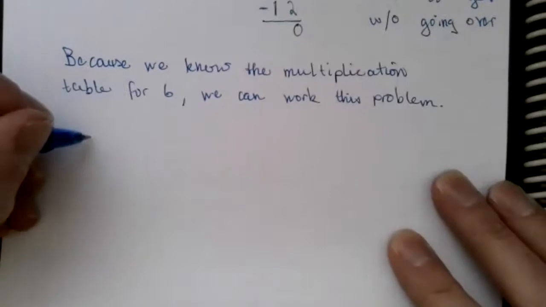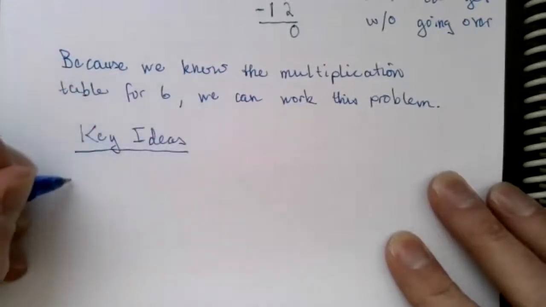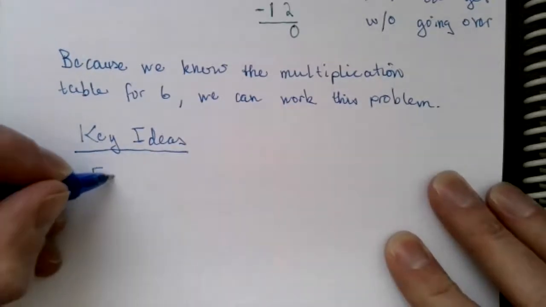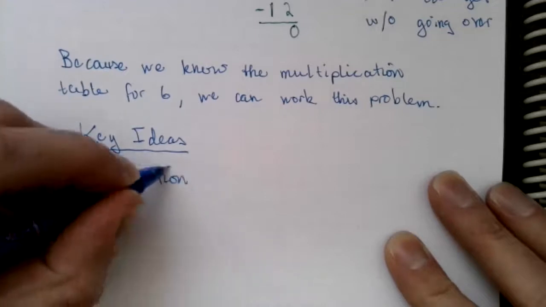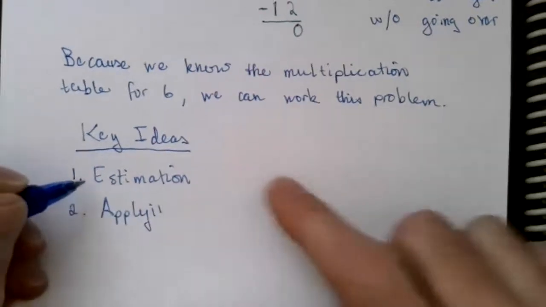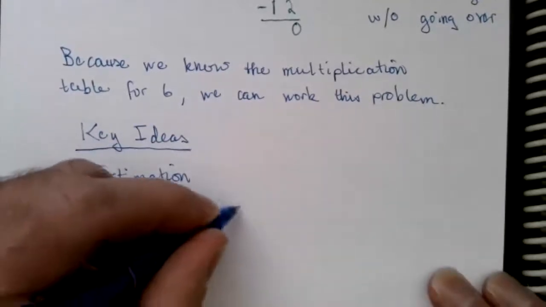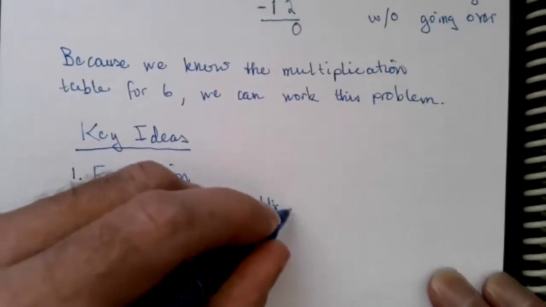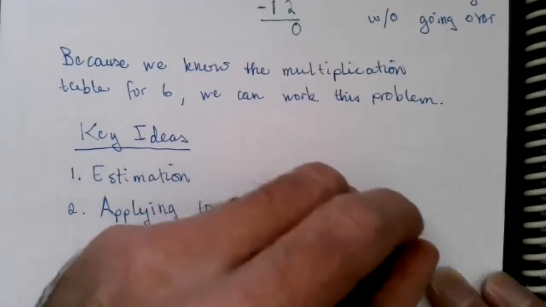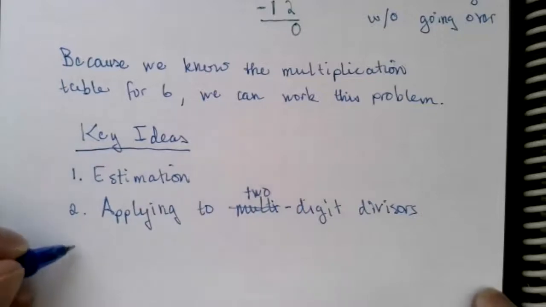So I'm going to talk about some key ideas here. The overarching key idea for this lesson is going to be estimation, applying to multi-digit divisors, but really we're just going to talk about 2-digit divisors.